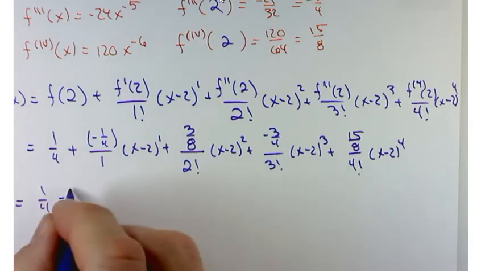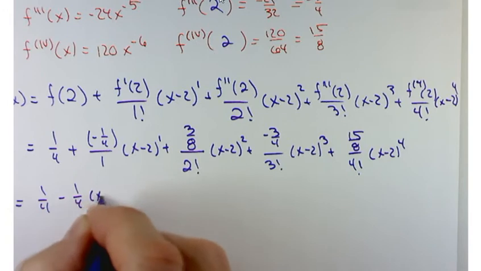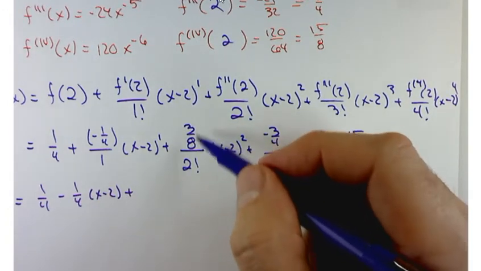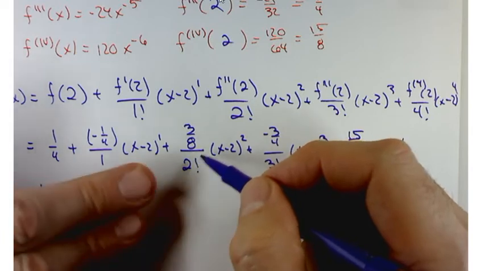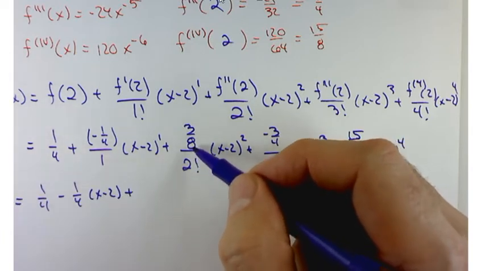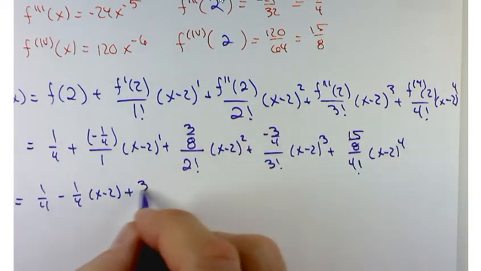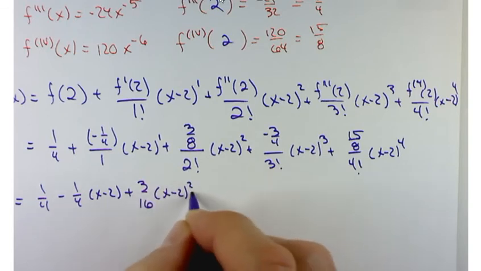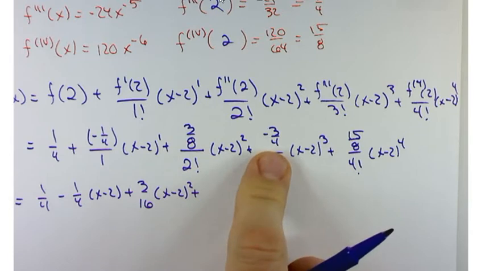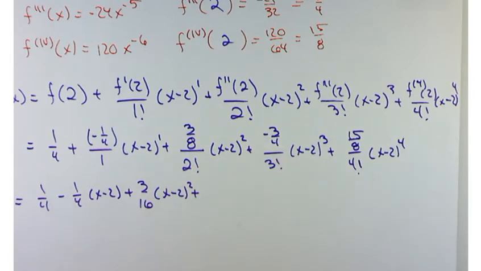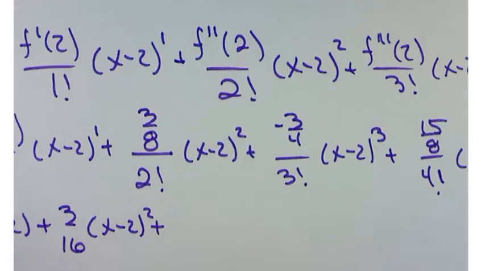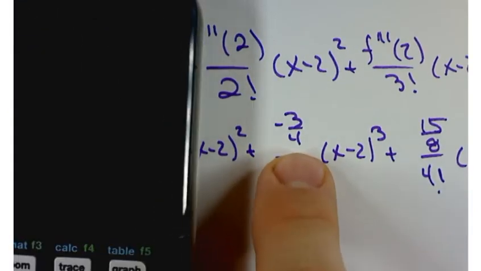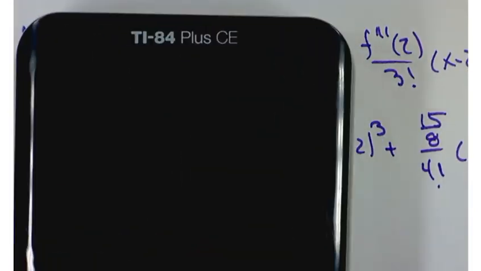That's 1/4 minus 1/4 times x minus 2. 3/8 divided by 2, well, it's 3/16 times x minus 2 squared. If you're not sure with these, again, you can use your calculator, and let's be clever about this one. 3/4, that's negative 0.75.